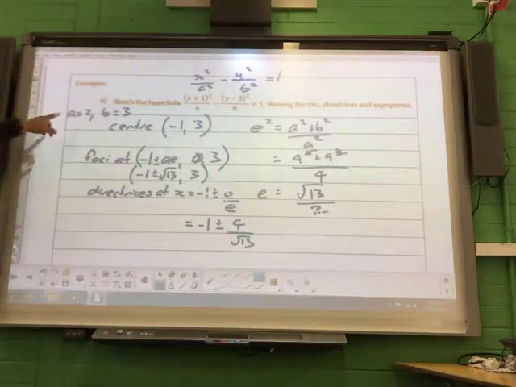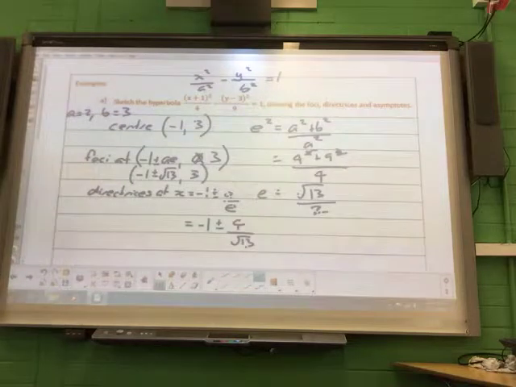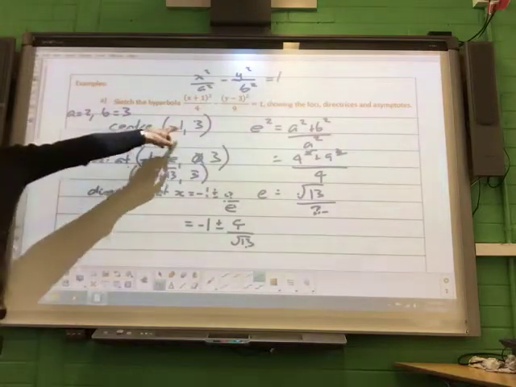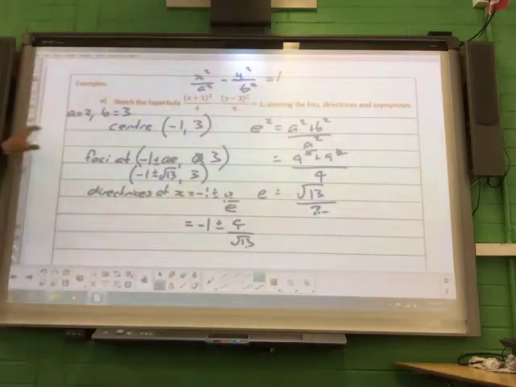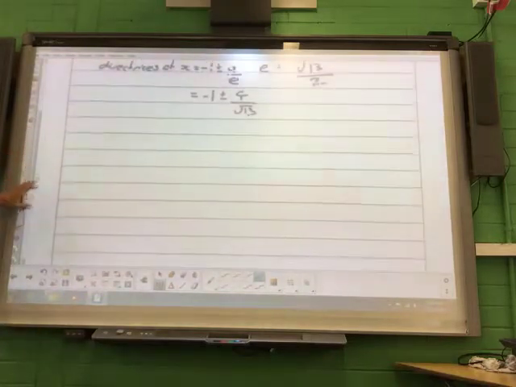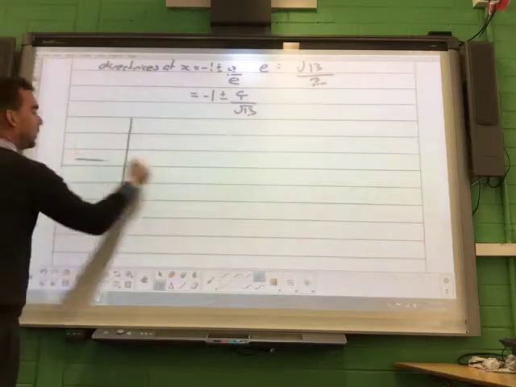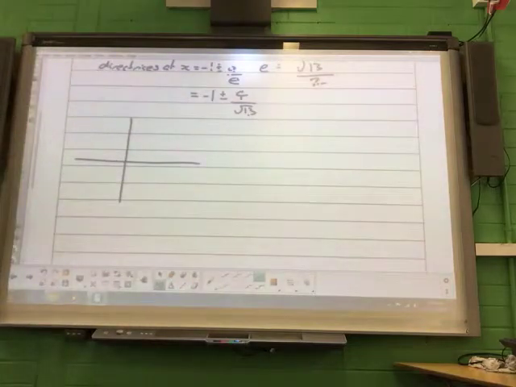So the overall size is a 4 by 6 rectangle that we need to draw with the centre at (-1, 3). We consider a rough sketch first, just to get everything in the right spot before we do a good one.